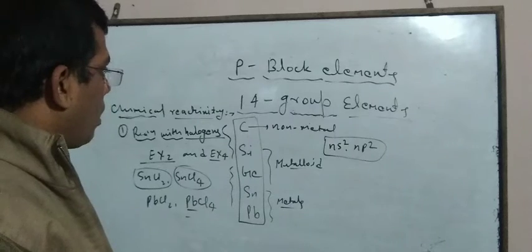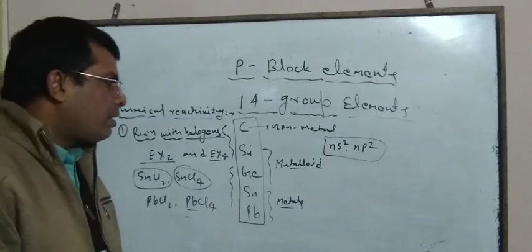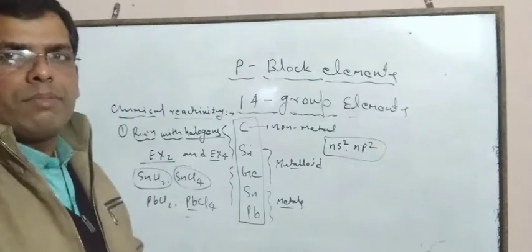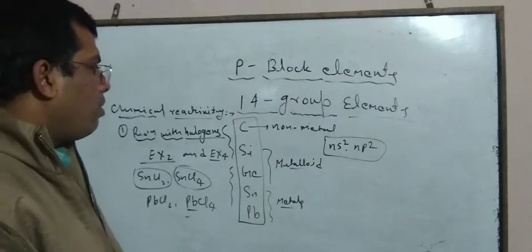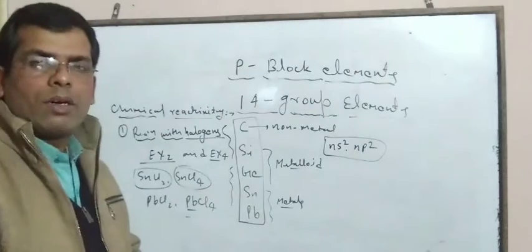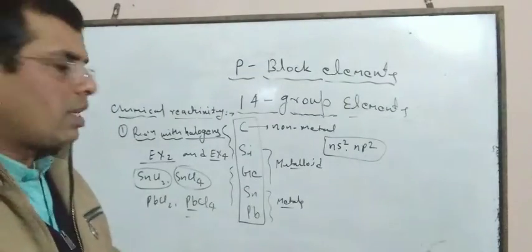Some elements of group 14 can react with hot water or steam and form corresponding oxides with releasing hydrogen gas.